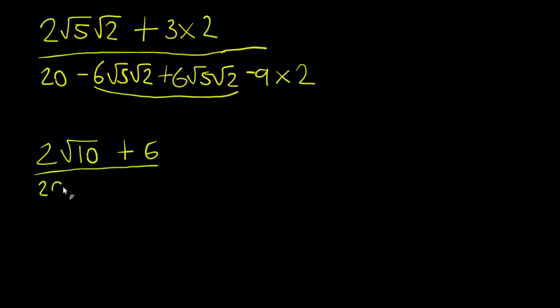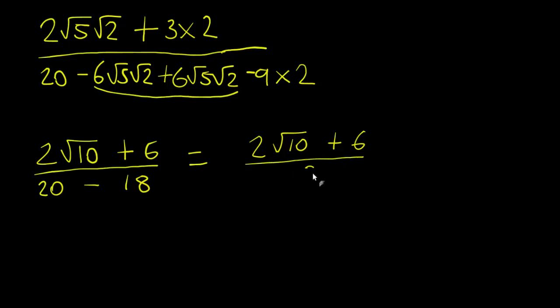So we'll just get left with 20 minus 9 times 2, which is 18, so that's 2 root 10 plus 6 over 2, which would give us finally root 10 plus 3.